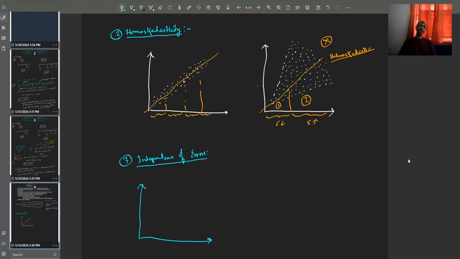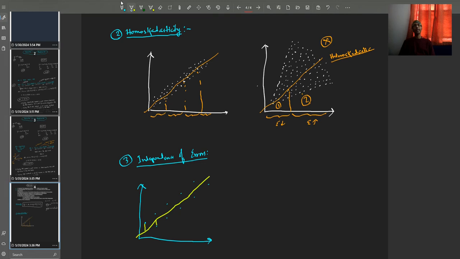Let's say there is data where the first observation is here, the second observation is here, the third is here, the fourth, the fifth, the sixth, the seventh, the eighth, ninth, 10th. Like this the data is, right? Now if you draw a regression line, the line is not very perfect, but we can try to explain from here. You can see if the first error is positive, the second error will be negative.